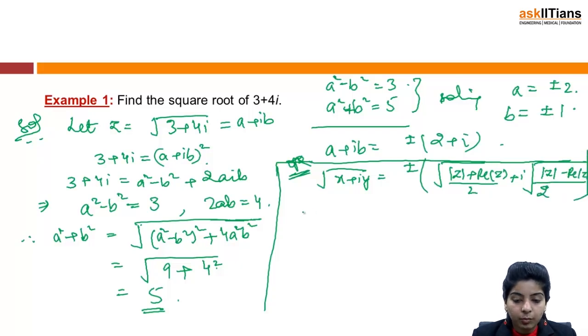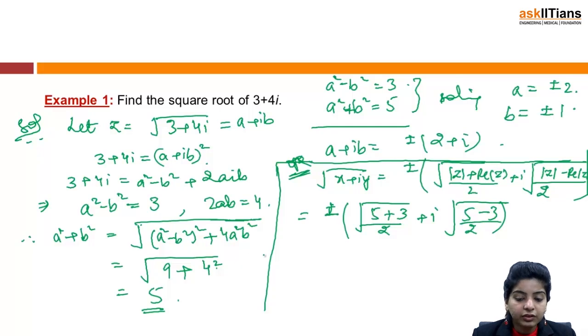So if we apply this formula directly, what we'll get is plus minus of under root of (5 plus 3)/2, because mod z will come out to be 5 and real z is 3, plus iota times under root of (5 minus 3)/2. So this becomes plus minus of under root 4 is 2 plus iota. So see, the answer that we have obtained in both the cases is same. You can either proceed this way, or you can proceed that way.